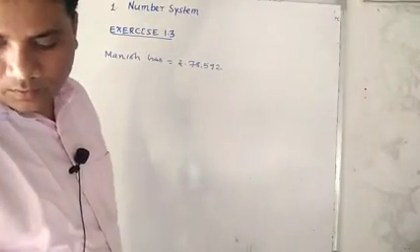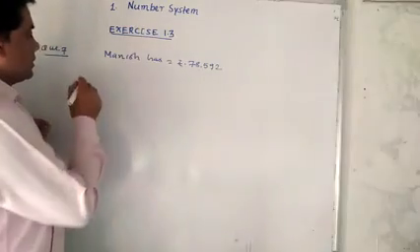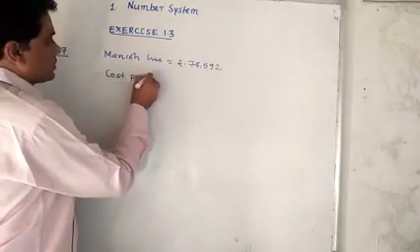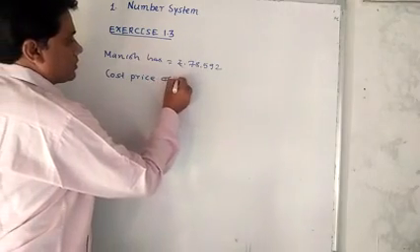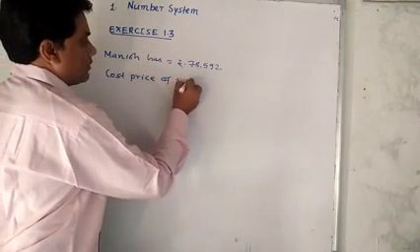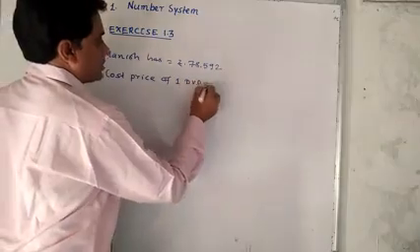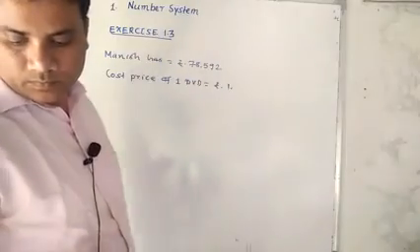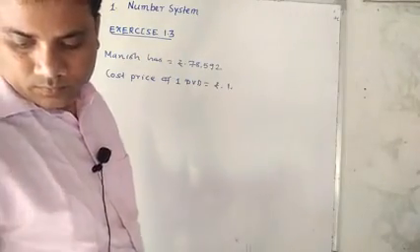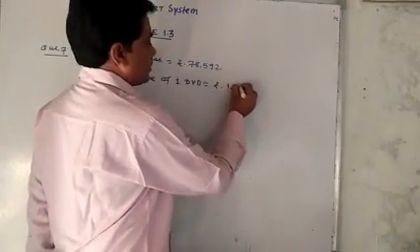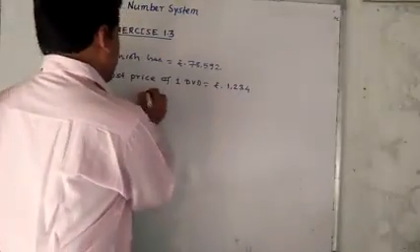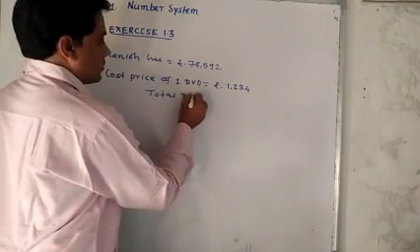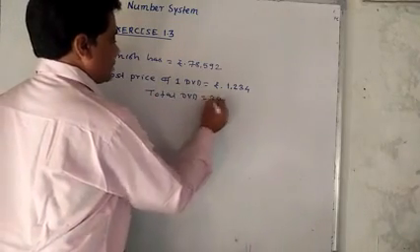Cost price of 1 DVD is equal to rupees 1,234. Total DVDs equal to 39.